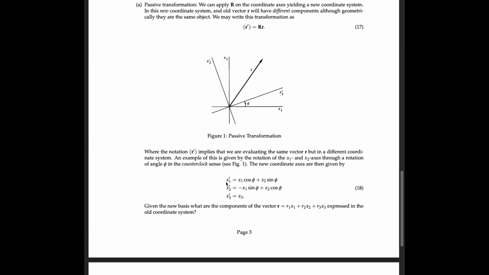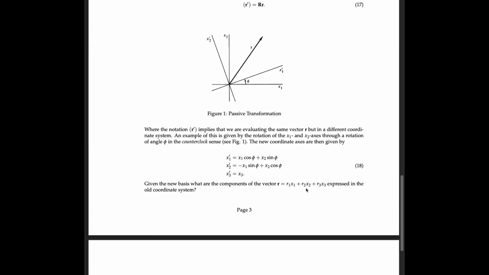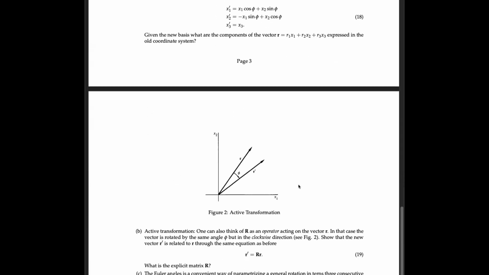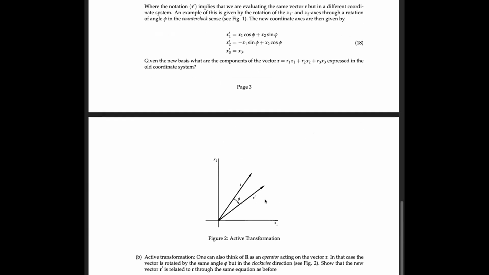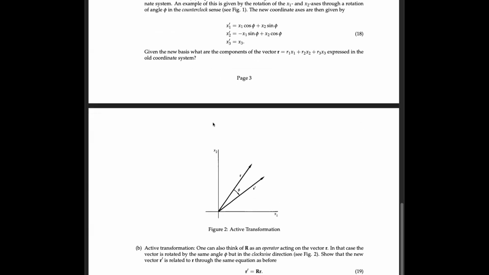These are the changes in the x and y coordinate axes, so from there you can figure out how the different components of r are changing. The other one is rotating this vector, doing an active transformation in which we are rotating it clockwise, and it's given by the same equation as this. So these two equations are the same, but their interpretations are different.